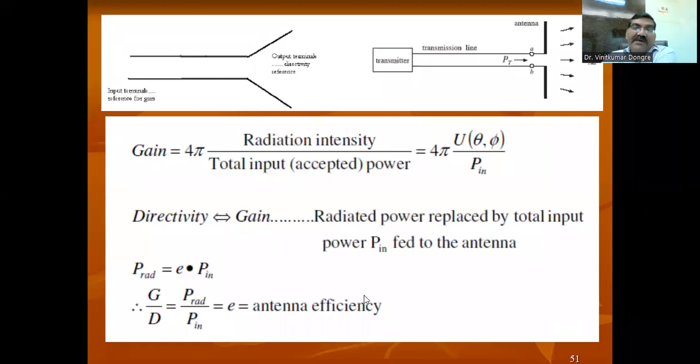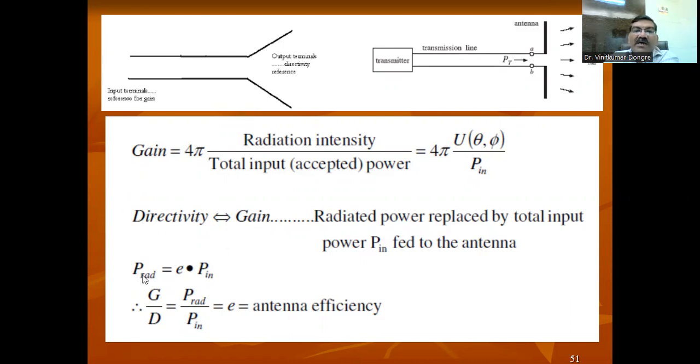But if you don't have 100% efficiency, then the directivity will be more and the gain will be less. So here P radiated equals P in into efficiency. If there is 100% efficiency, P radiated and P in will be the same, and your gain and directivity will be the same.